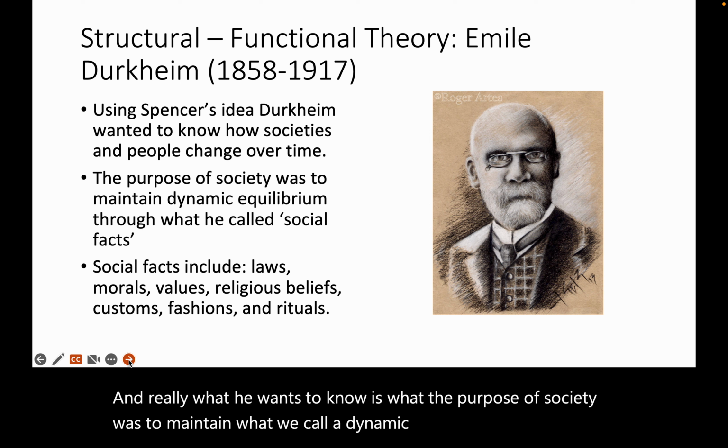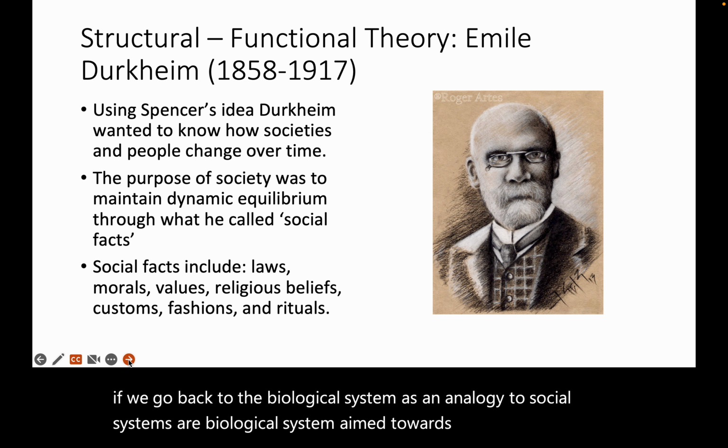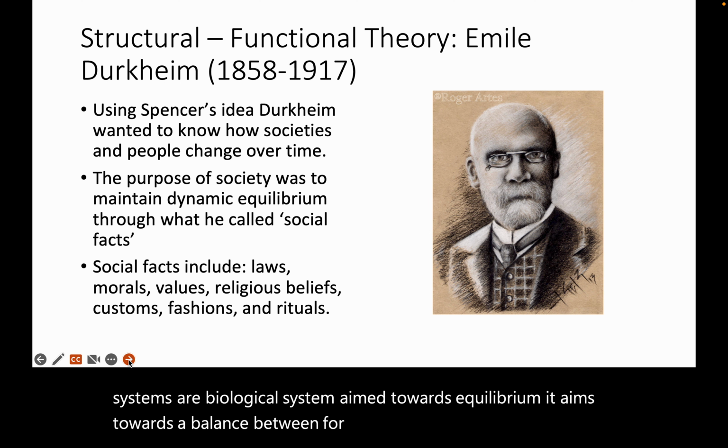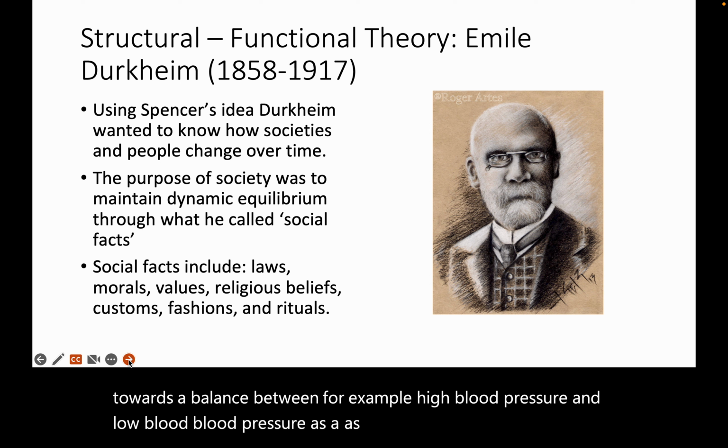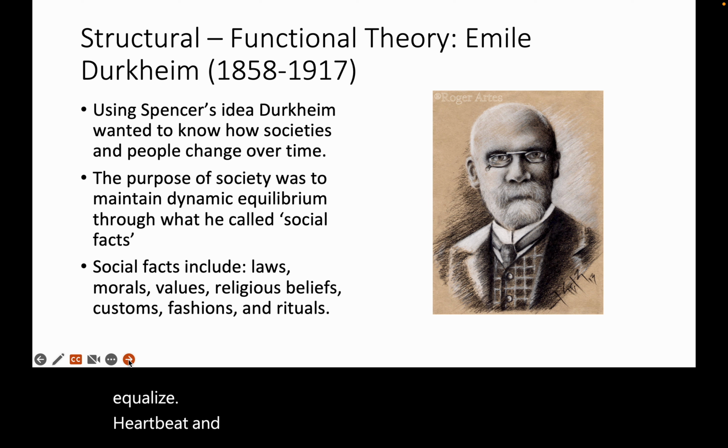Because again, if we go back to the biological system as an analogy to social systems, our biological system aims towards equilibrium. It aims towards a balance between, for example, high blood pressure and low blood pressure as an example. It maintains to equalize heartbeat and body temperature, and everything tries to be at an equal point.